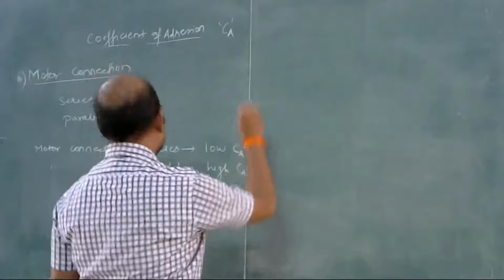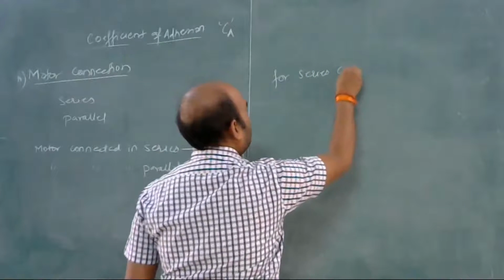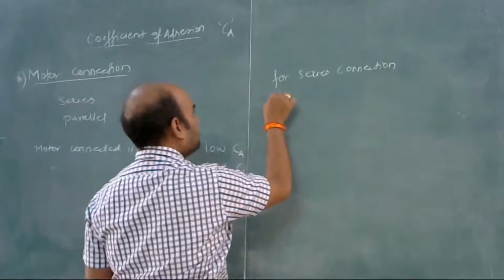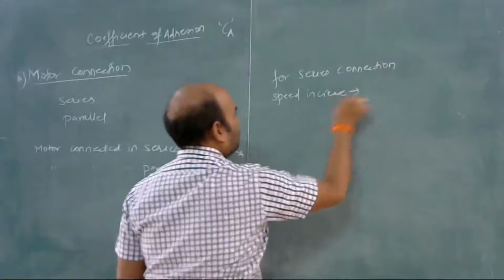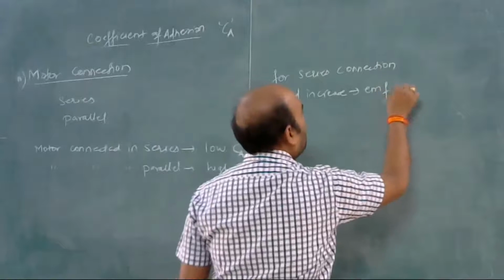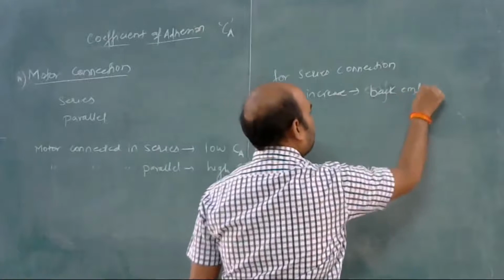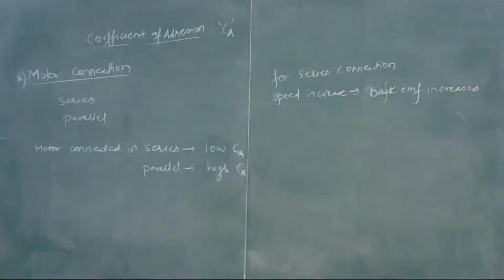In the case of series, when there is slipping of a wheel, since all motors are connected in series, the speed increases, so back EMF also increases, and the current and torque will reduce.